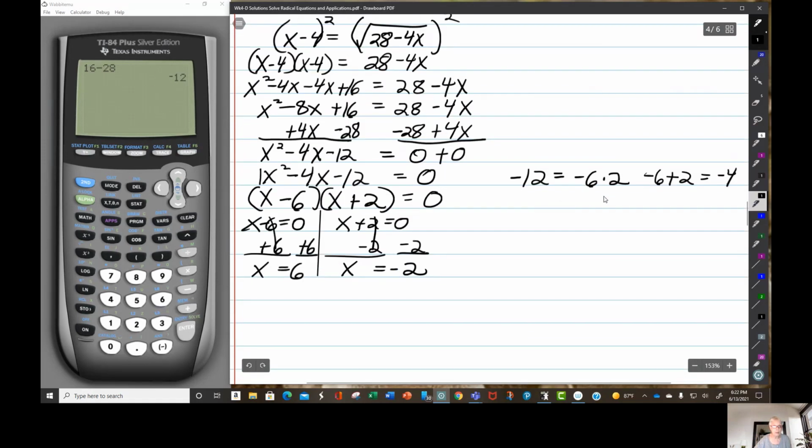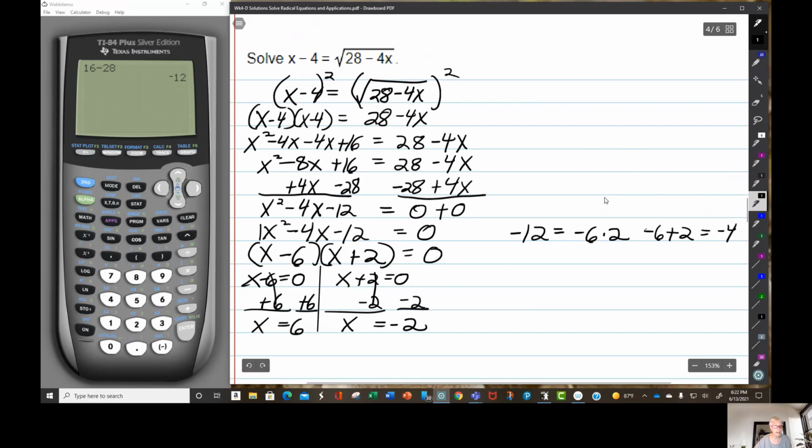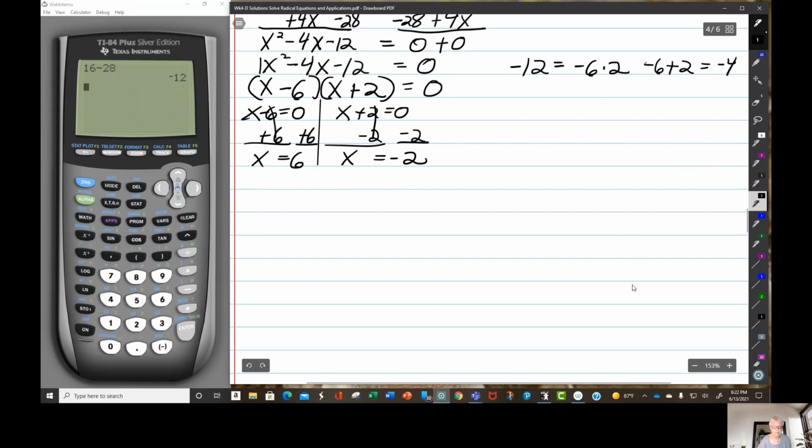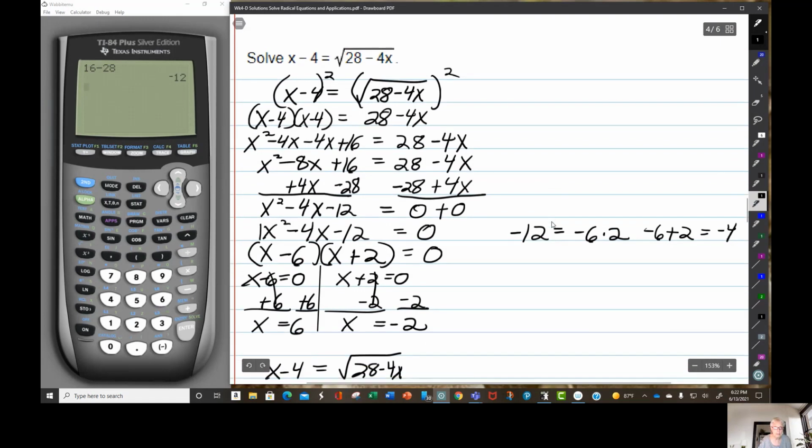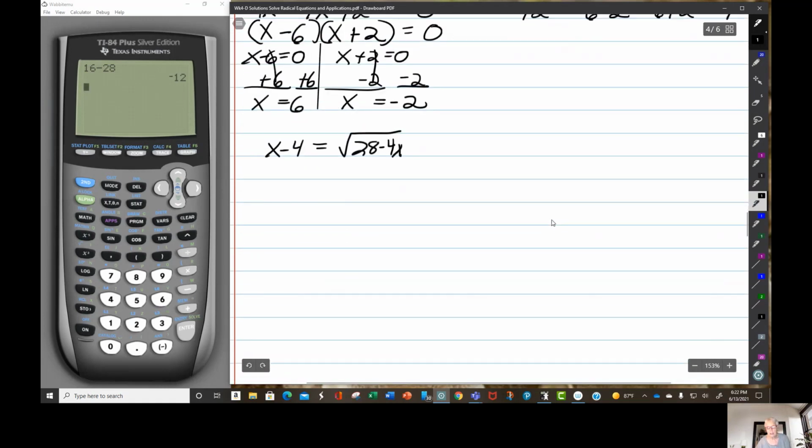x minus 4 equals the square root of 28 minus 4x.